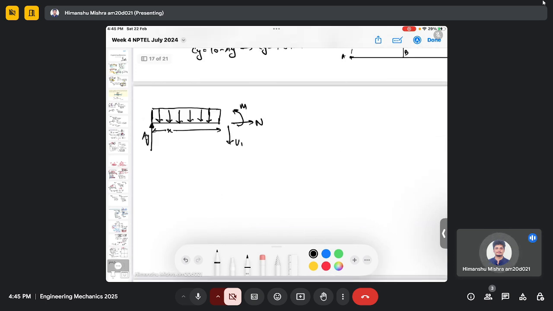And the magnitude of this distributed loading is 2 kilonewton per meter. So its equivalent point force will be 2x at a distance of x by 2 here, and here also it should be x by 2.